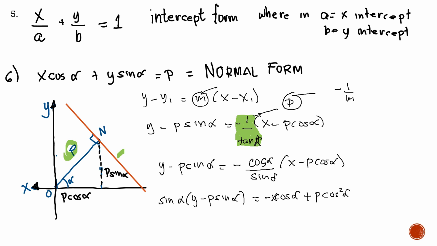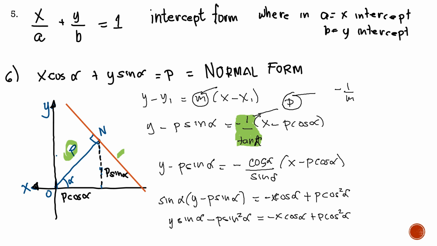Okay. So we have here y sine of alpha minus P sine squared of alpha is equal to negative x cosine of alpha plus P cosine squared of alpha.